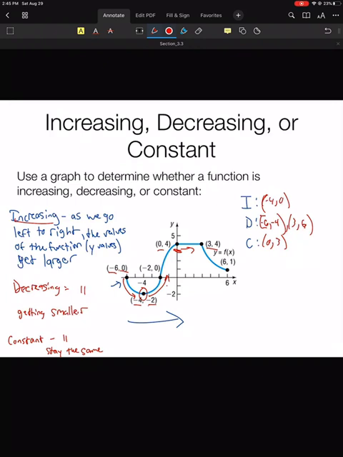And again at the end, 3 to 6, you can put a bracket there, because we've reached the end, but it looks like we're still decreasing at 6, although it is an endpoint and a beginning point. So really you could be safe.